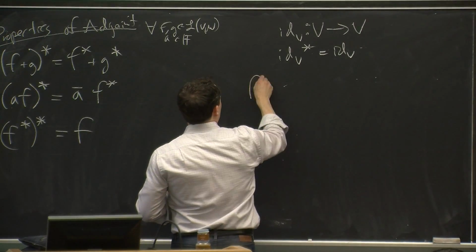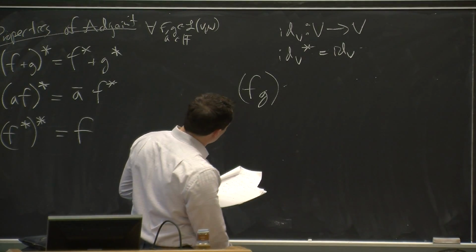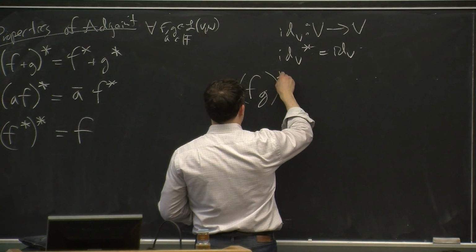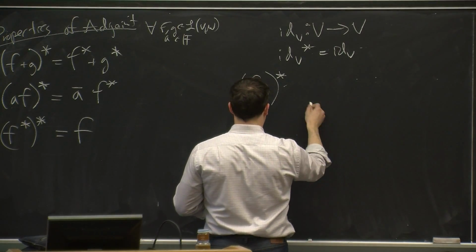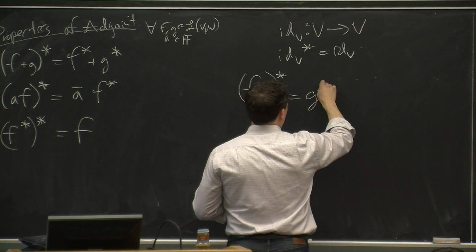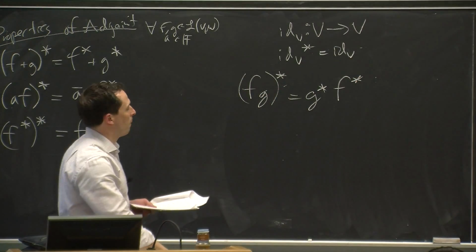And finally, if I compose two linear transformations, say they're operators or there are three vector spaces involved, that's equal to the composition in the opposite order of their adjoints.